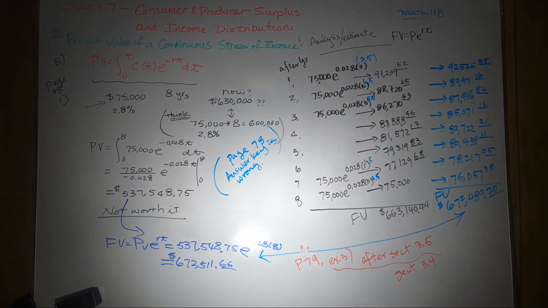Those are simple models. So in 3.4 and 3.5, we are going back to those sections to learn the more complicated skills to solve the complicated models.